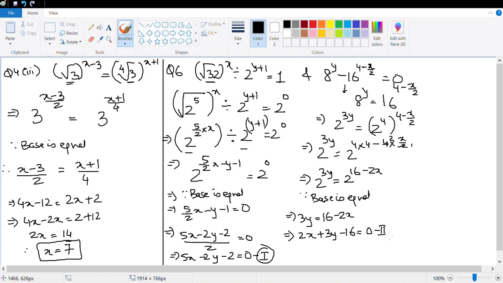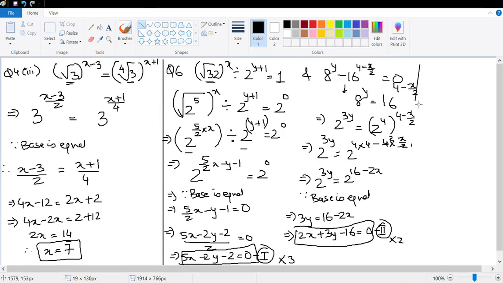That's my equation number 2. So I have two equations and I need to solve them for x and y. I notice that this is 2, this is 3. So let's multiply the first equation with 3 and this equation with 2. This will help me equate the coefficients and it will help me add or subtract so that I can solve.